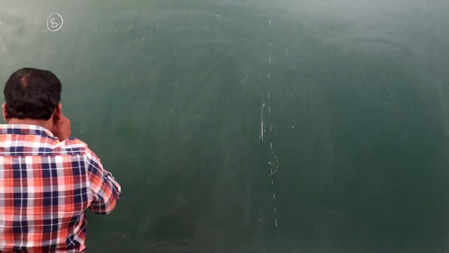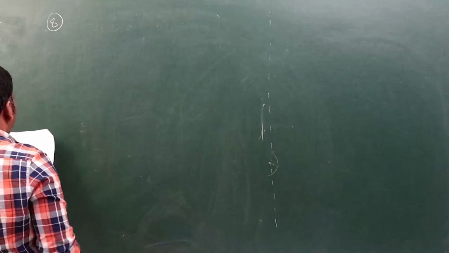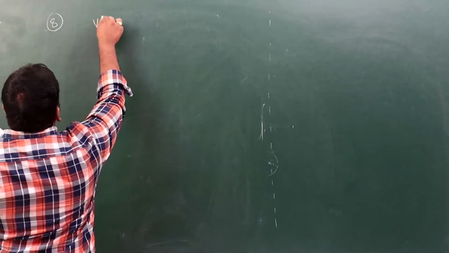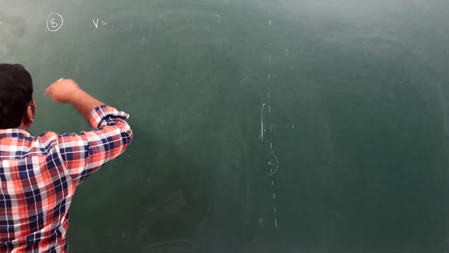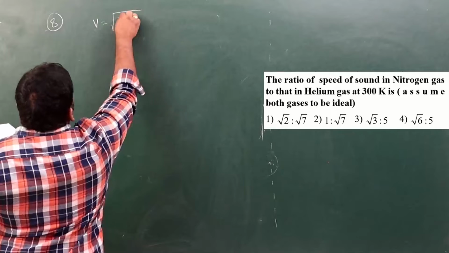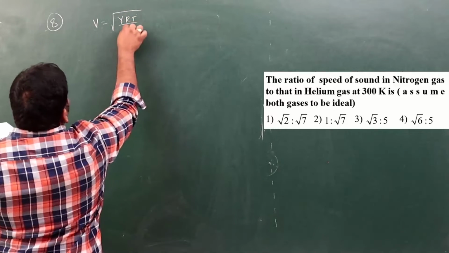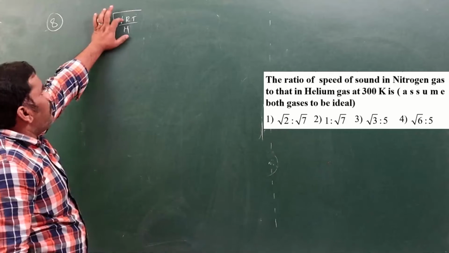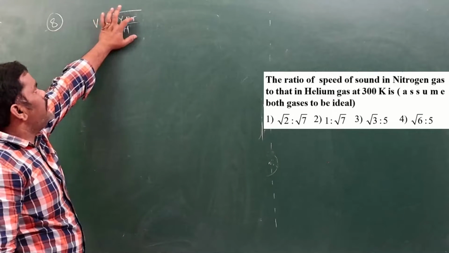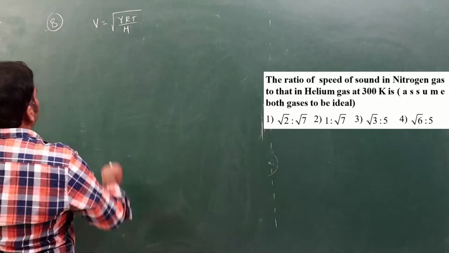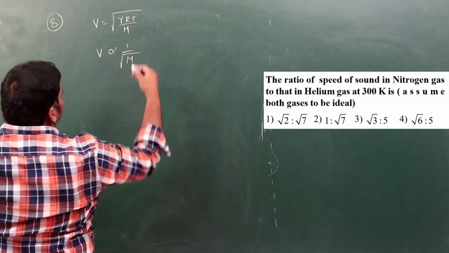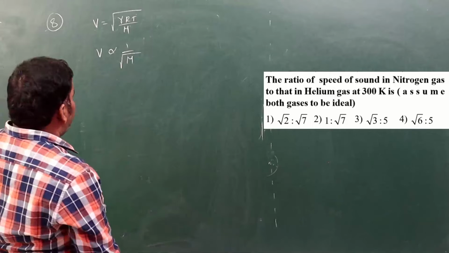So temperature remains constant. We know the velocity of sound V is equal to under root of gamma RT by M. Both gases are ideal, so gamma is the same, the universal gas constant R is the same, and temperature is also the same. So velocity of sound is inversely proportional to under root of molecular weight.